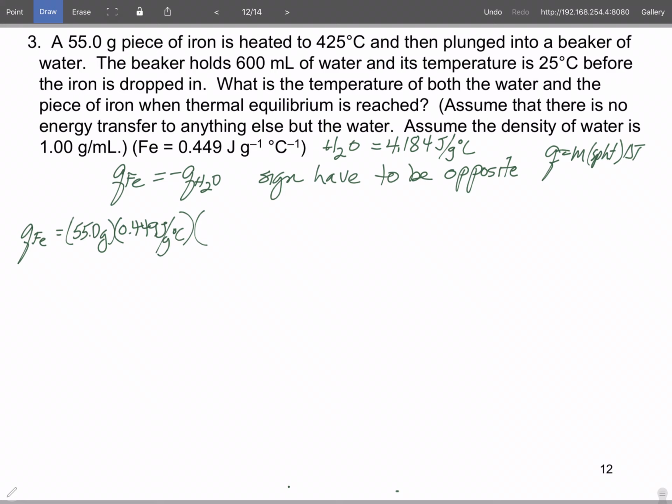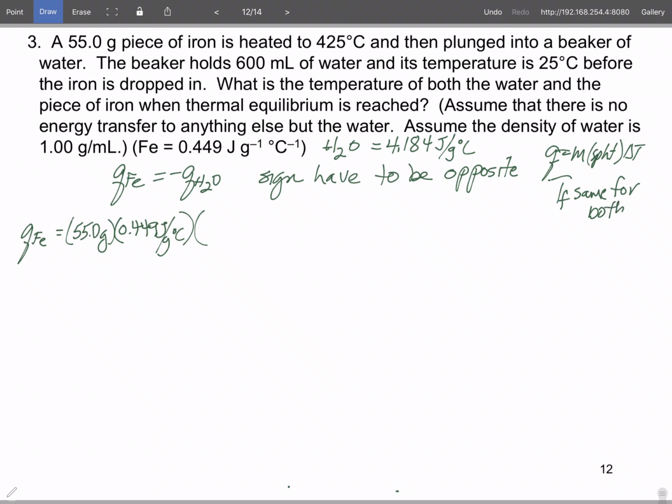We're told that initially you're heating it to 425 degrees C and then plunging it into water. When you're done, first things first, remember the temperature of the water is going to have to equal the temperature of the iron. So T final will be the same for both.